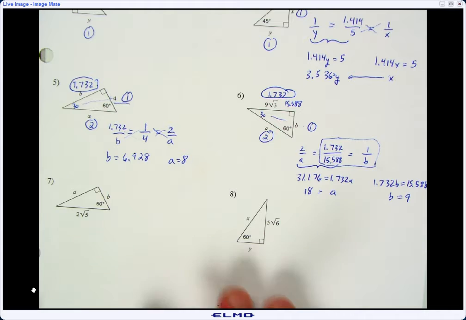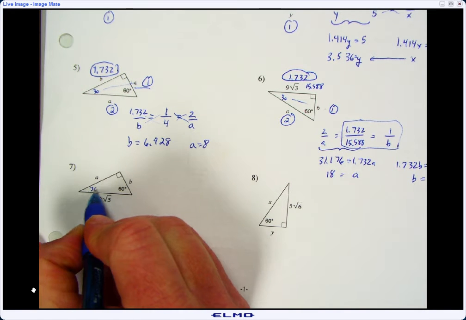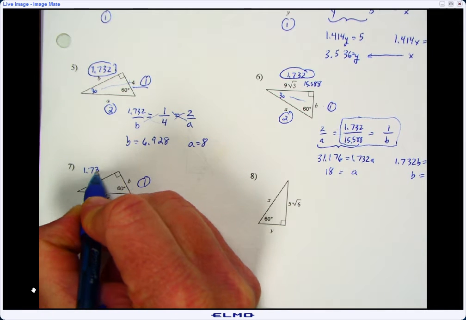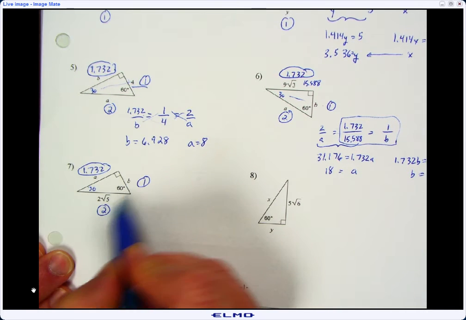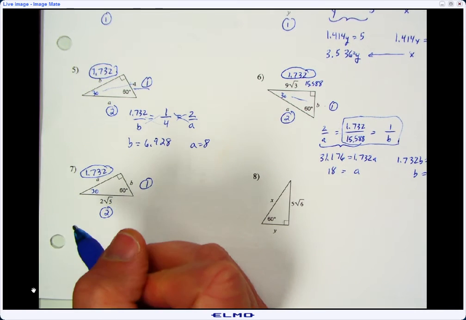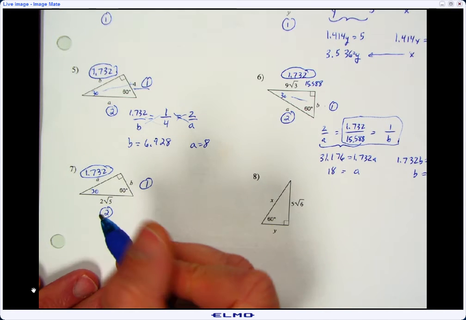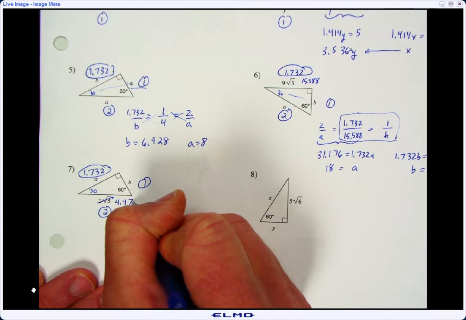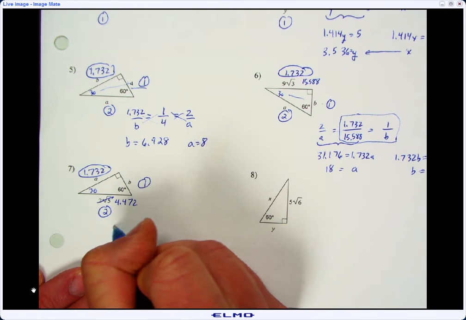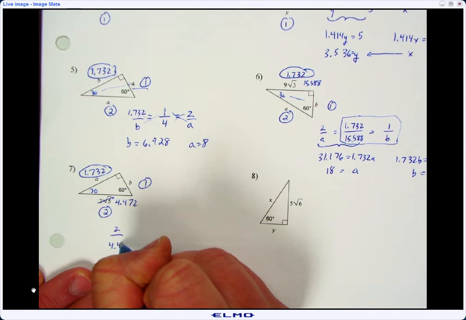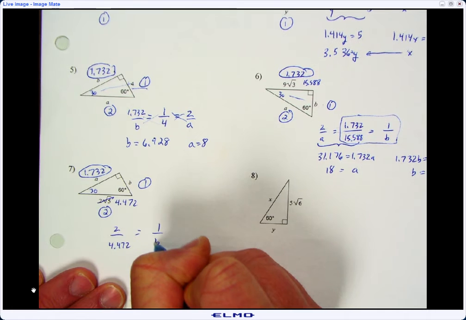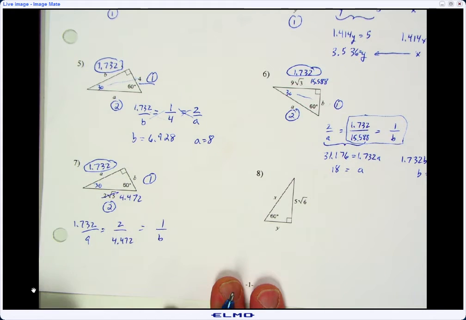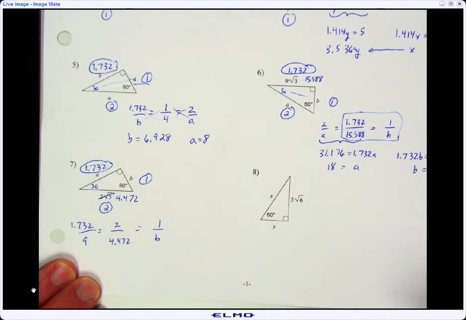Okay, so all of these are basically the same. This is my 1, this is my 2, this is my 1.732. Again, it's a 2-to-1 relationship. Change 2 radical 5 to a decimal. And you get 4.472. Set up your proportion. 2 over 4.472 equals 1 over B equals 1.732 over A. And solve.